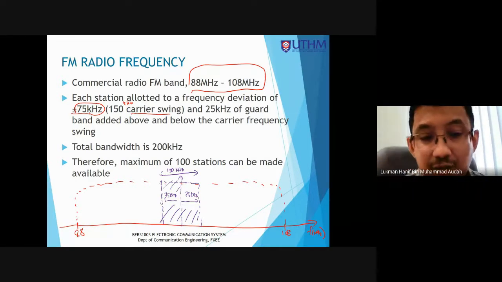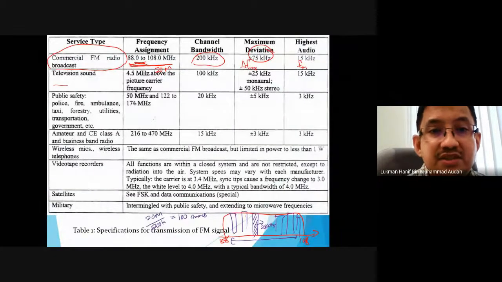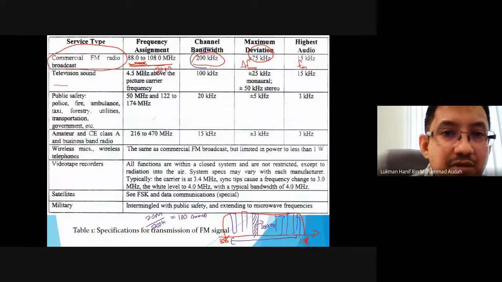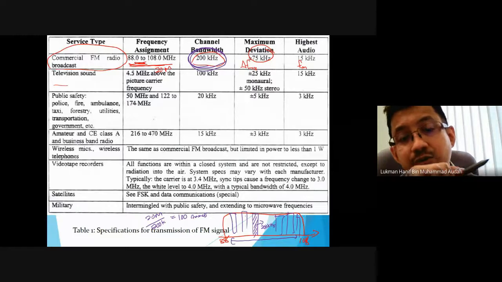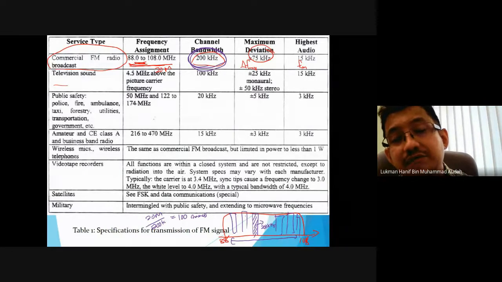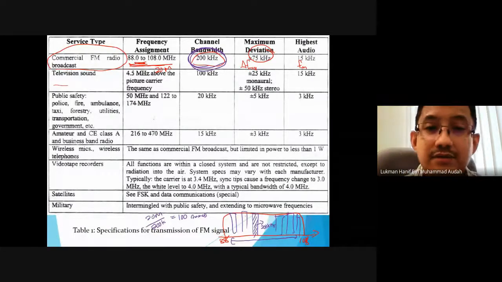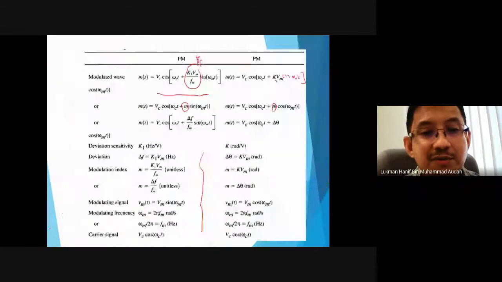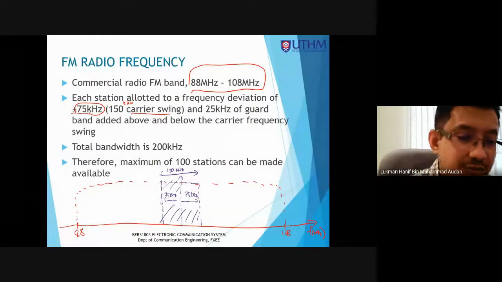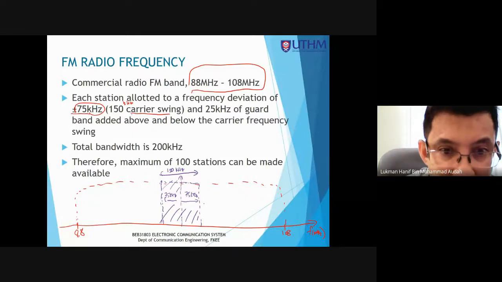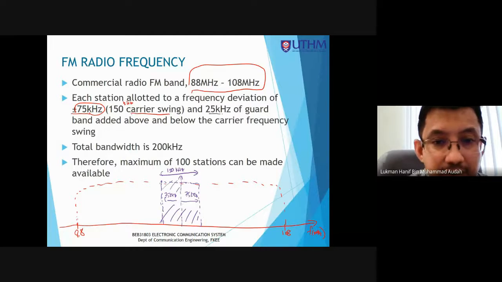However, if you see from the previous table, it is said that the channel bandwidth maximum is 200 kilohertz. So where are the remaining 50 kilohertz? Mana baki lagi 50 kilohertz? Okay. So the 50 kilohertz is allocated for the guard band of 25.